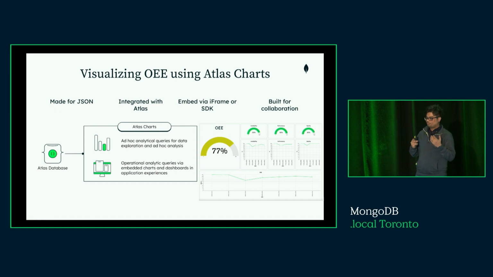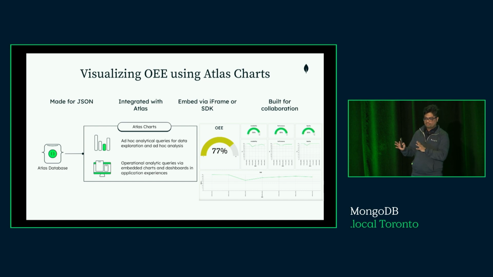So you can spend less time on actually creating these charts and more time on innovation. It's integrated with Atlas. There are no setup requirements, and you can also embed your charts using the iframe or the embedding SDK.